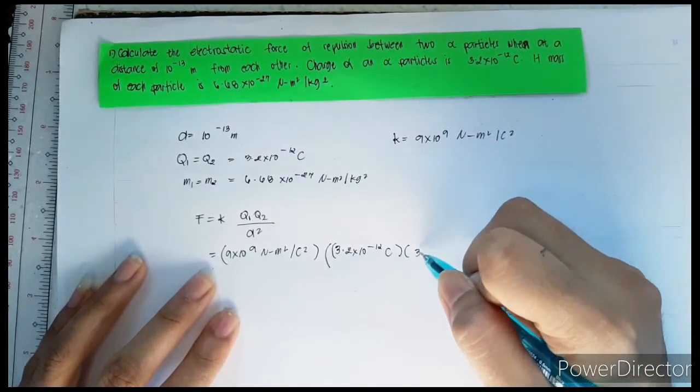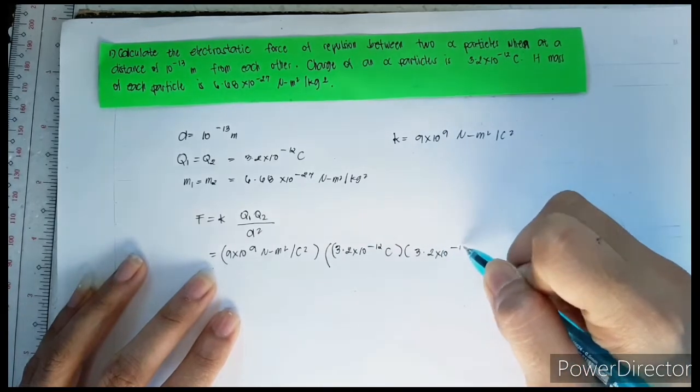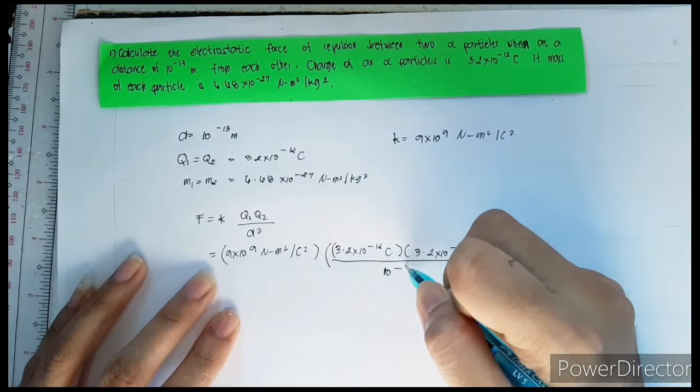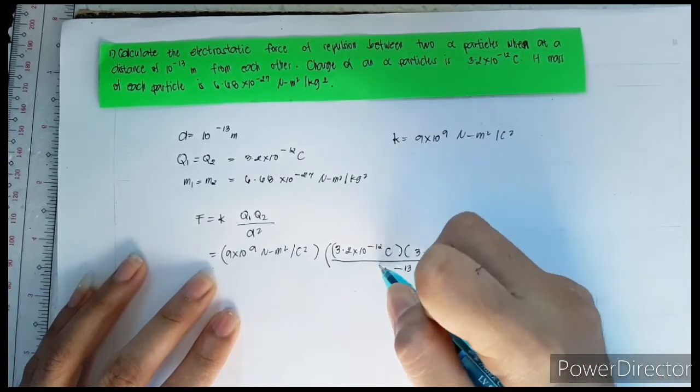And for our Q2, it is 3.2 times 10 to the power of negative 12 coulombs, divided by 10 raised to negative 13 meters squared.